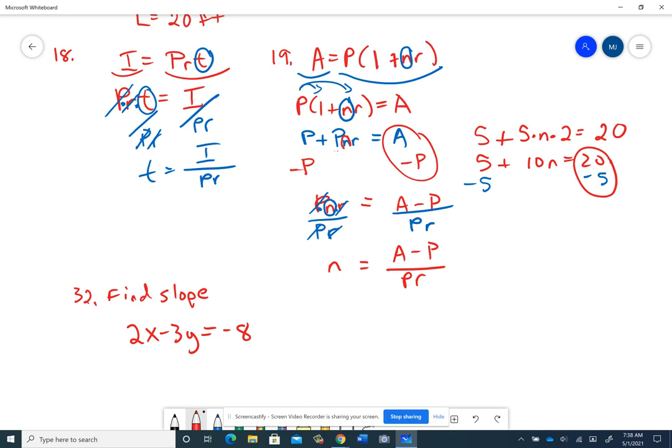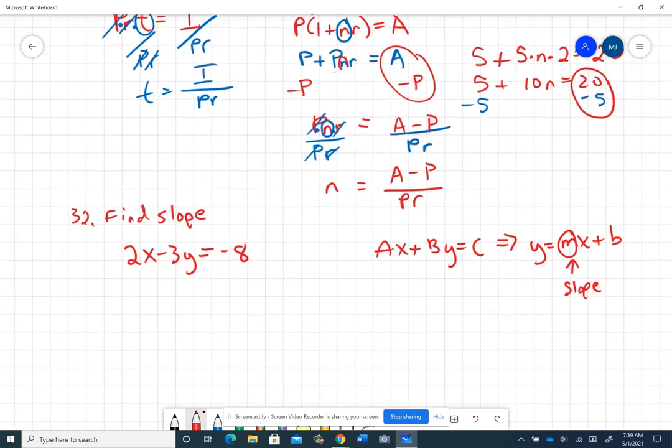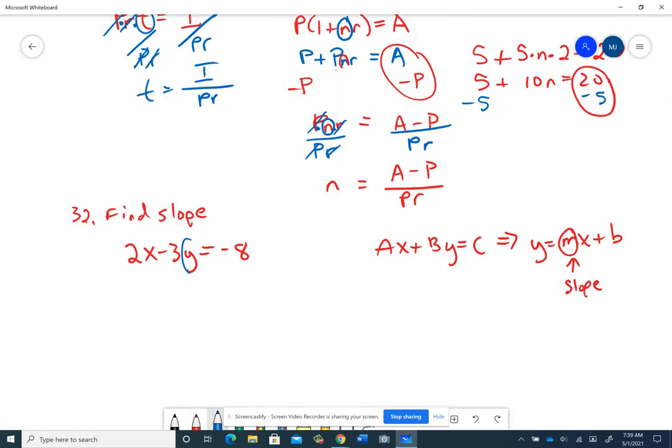Okay. So your job really is like, if an equation starts out like this, we can change it so it's like this. Okay. Then that's the slope right there. That's the idea. So what we've got to do is work on solving this for y.